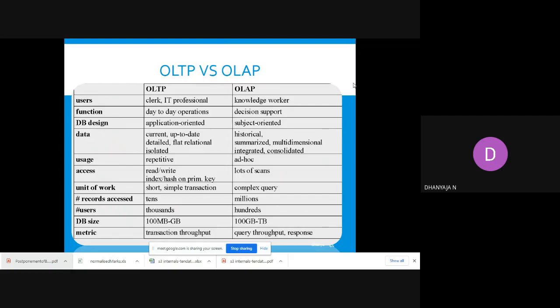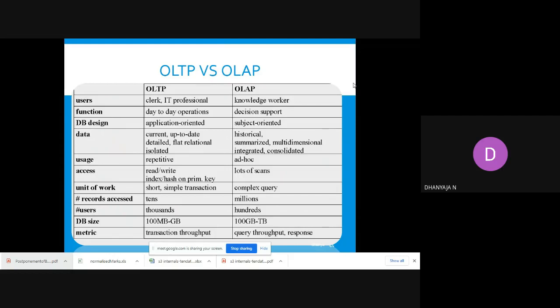Accessing time is read or write, index hash on a primary key. A lot of scans are present in the case of OLAP. And next is about the database size. Here 100 MB to some thousands of GB will be there in the case of OLTP. But in the case of OLAP, from 100 GB to terabytes will be there. That is the size. So this is about the OLTP and OLAP information.